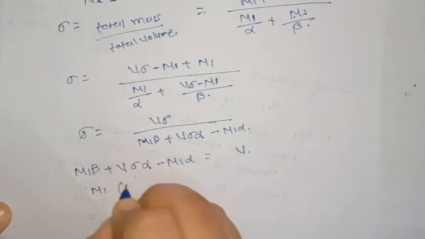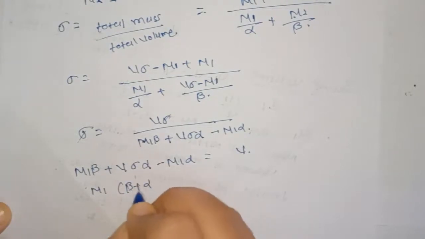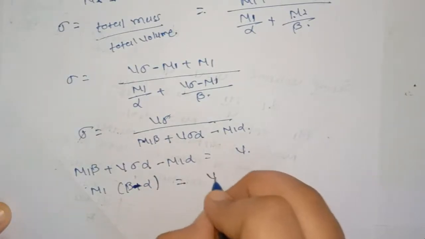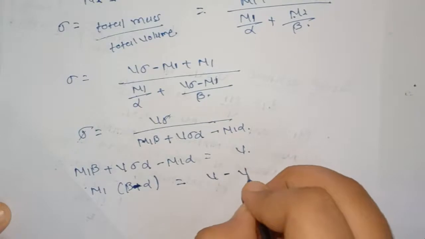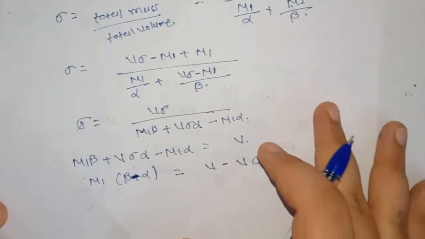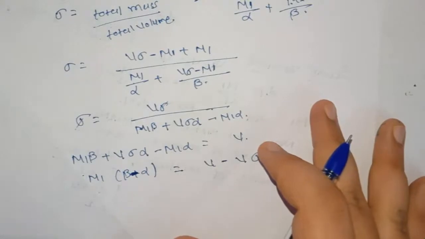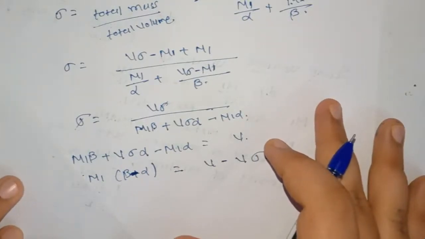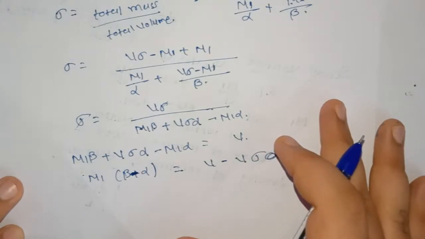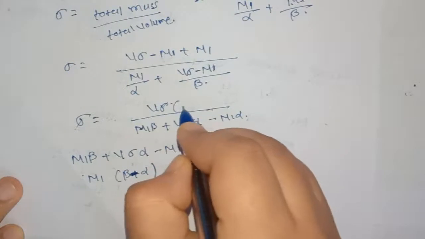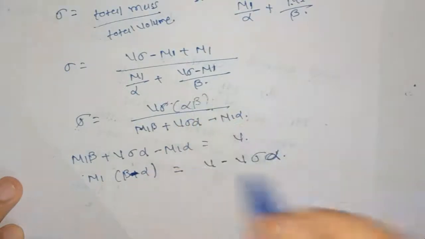So M1 into beta minus alpha will be equal to V minus V sigma alpha. But this will be multiplied by alpha and beta.